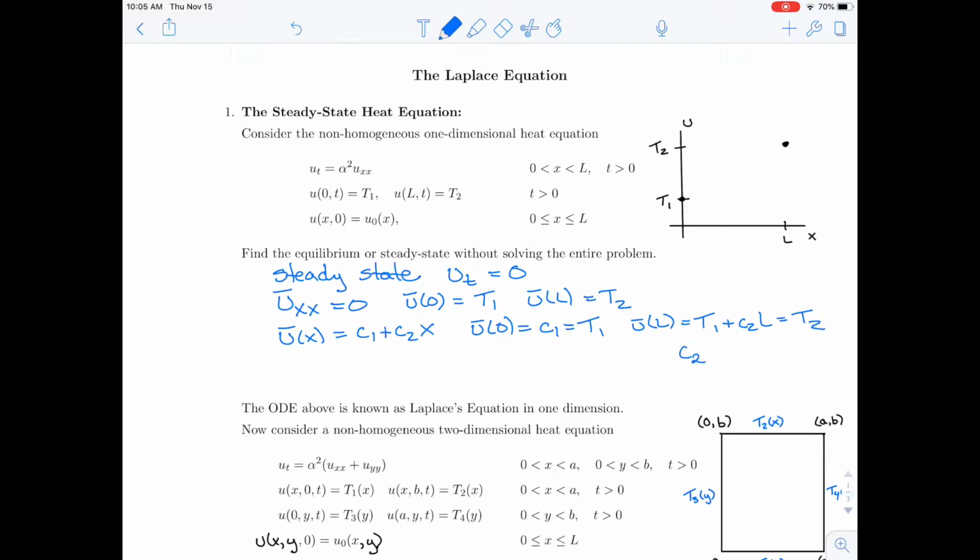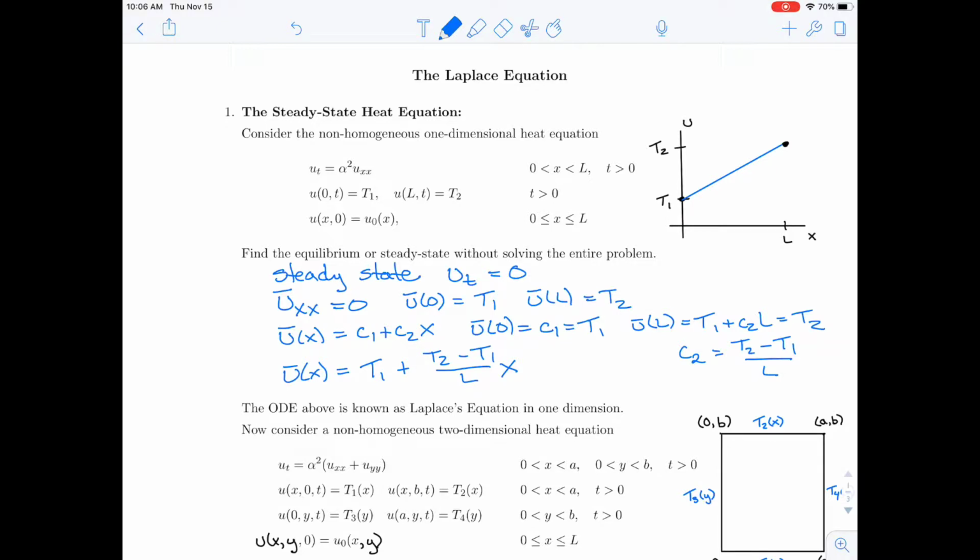So C2 is equal to (T2 minus T1) over L. And so u bar, our steady state temperature, is equal to T1 plus (T2 minus T1) over L times x. And that's just the line that connects the temperatures T1 to T2. And now we have solved Laplace's equation in one dimension.